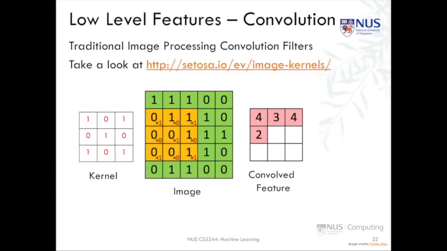So the idea behind convolutional neural networks is to do something similar to what traditional image processing does by using a convolutional filter. You can take a look at this webpage, which actually gives the result as we showed here. It's much more interesting to look at, but for the sake of time, I'm just going to illustrate what we mean.